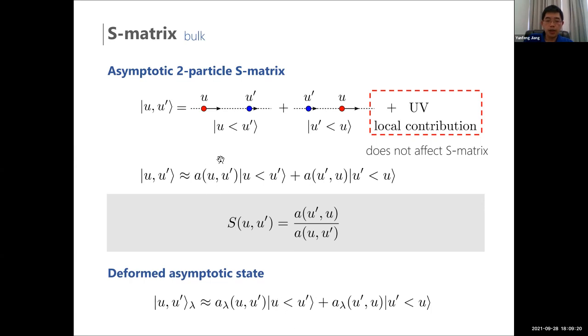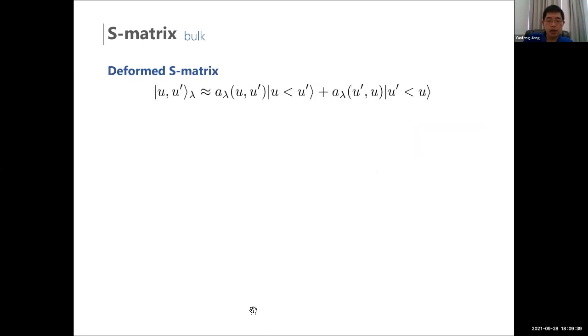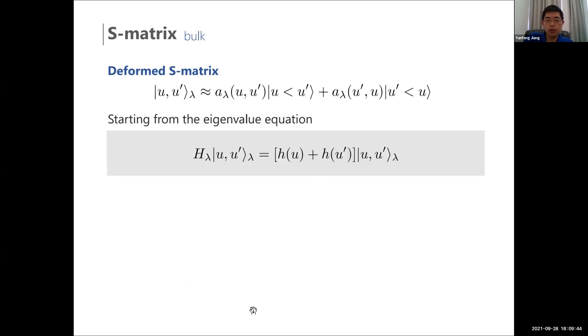But the coefficient in front, this A, gets deformed, and it will become lambda dependent. So the strategy is to find this deformed A, and then compute the ratio. This will give us the deformed S matrix. Then how do we find this deformed A? The idea is to write down a differential equation.